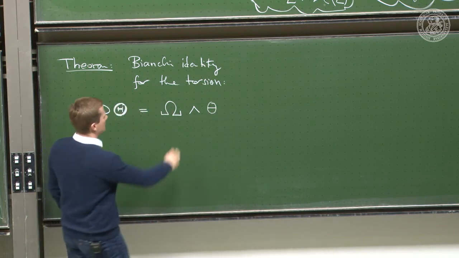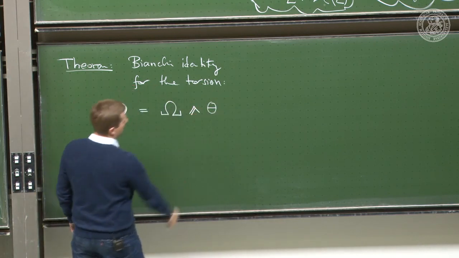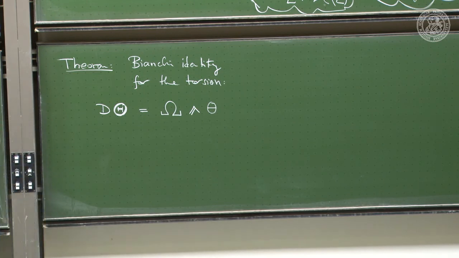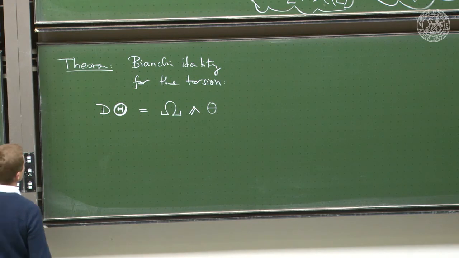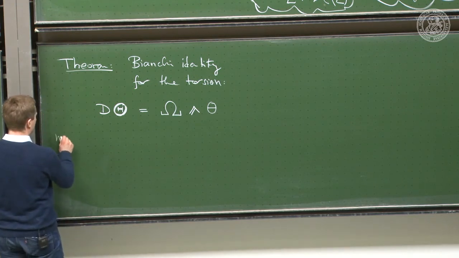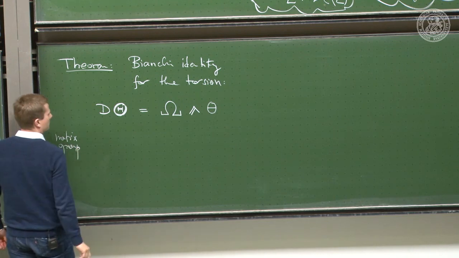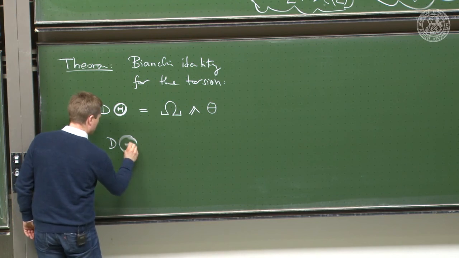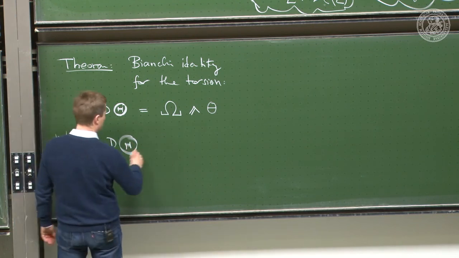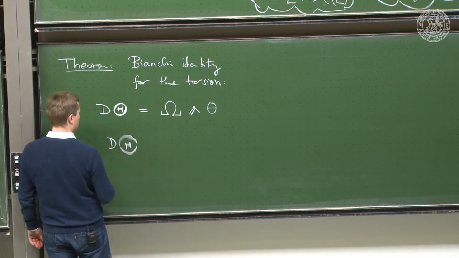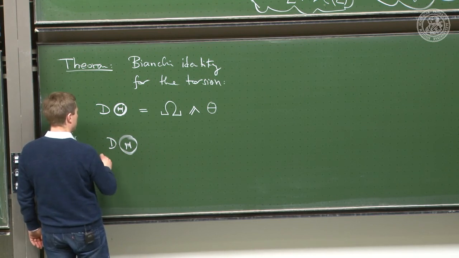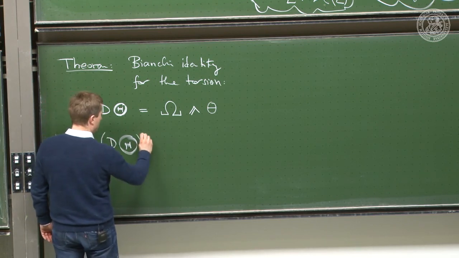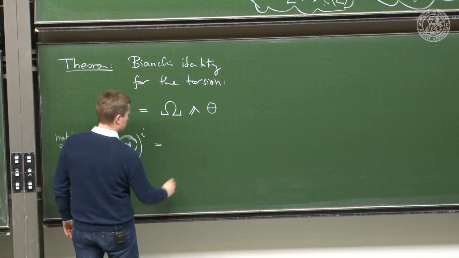And again, it must be this application, so it must be, again, very strictly speaking, this guy here. So again, for a matrix group, D of the torsion being v valued is a 2 form, but a v valued 2 form, so it looks like this.